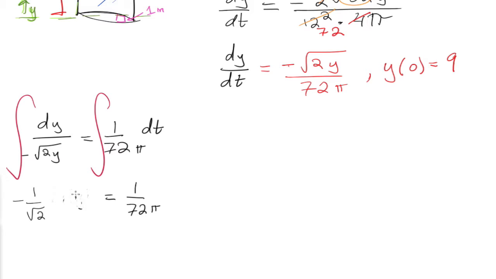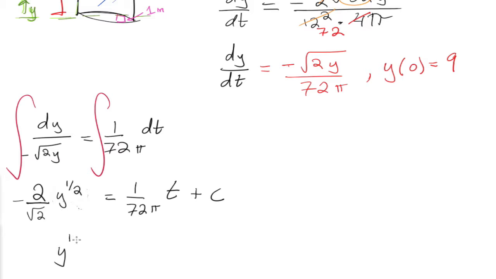So it's y to the negative 1/2, so you add 1, which gives you y to the 1/2, divided by 1/2 or multiplied by 2. So it's negative 2 over root 2 y to the 1/2 is equal to 1 over 72 pi t. And don't forget your plus c.